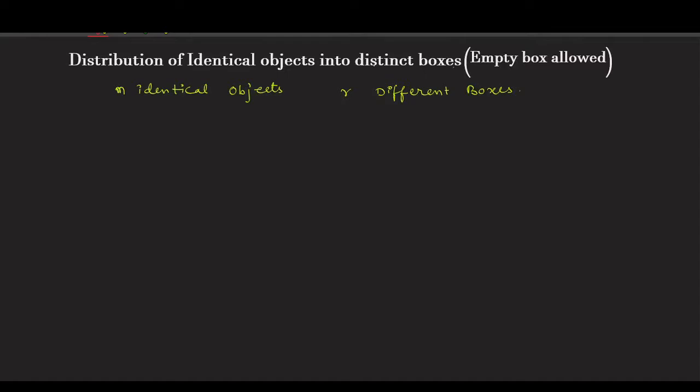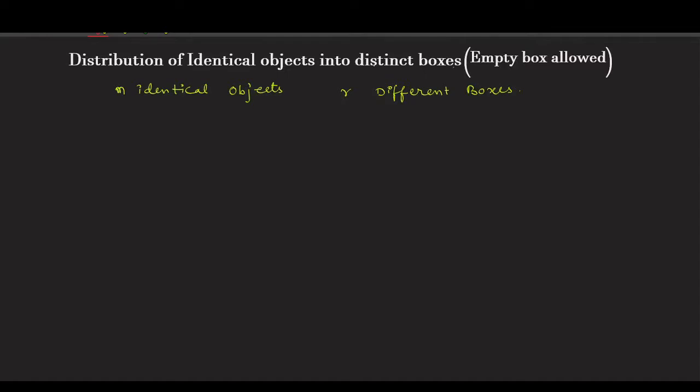So what is the answer for this? How many ways? The number of ways of distributing the n identical objects into r different boxes. Now let's see with some examples. I'll explain how to get the rule or a formula for finding this number of distributions.